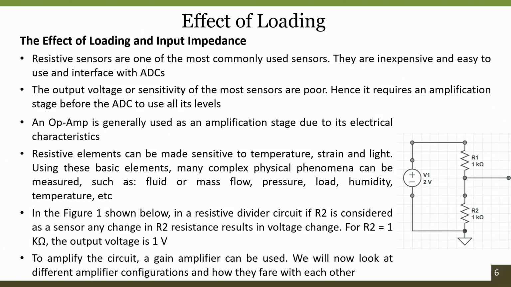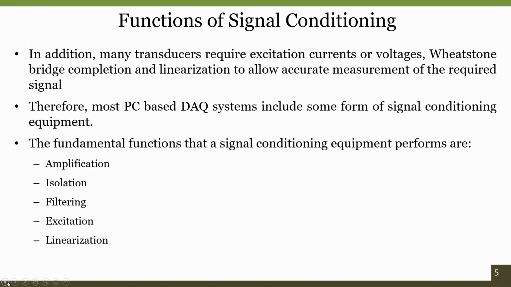In such a way you require an excitation voltage. Then linearization: in case the data that you receive is not linear, and you want to make it linear so that it is easy for further processing, some kind of linearization techniques will also be implemented, which falls under the signal conditioning circuit too.